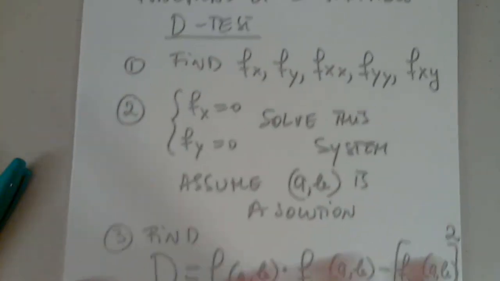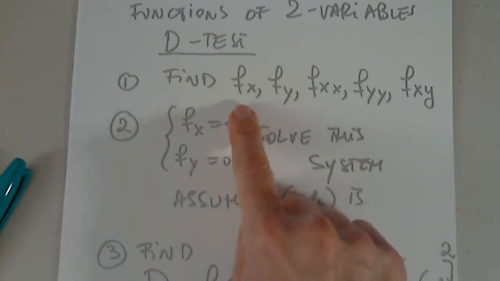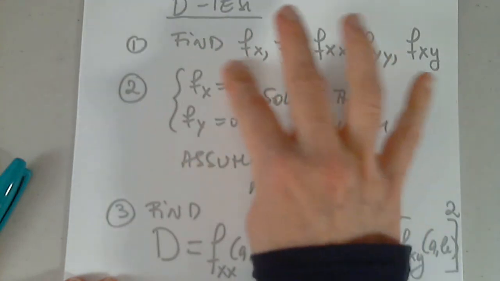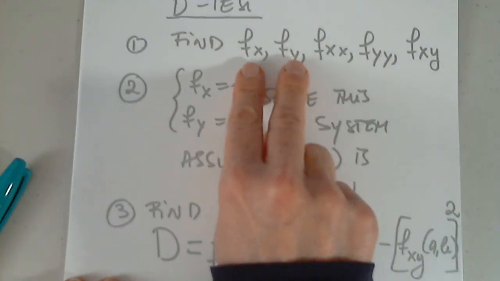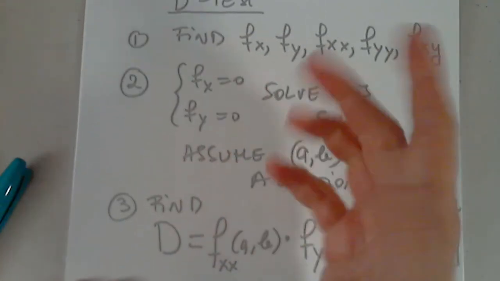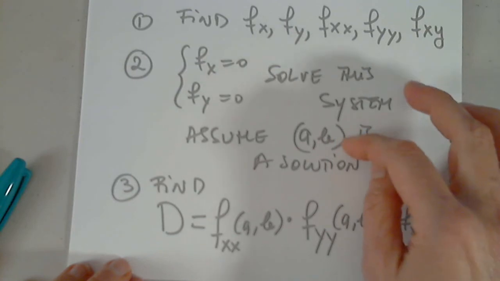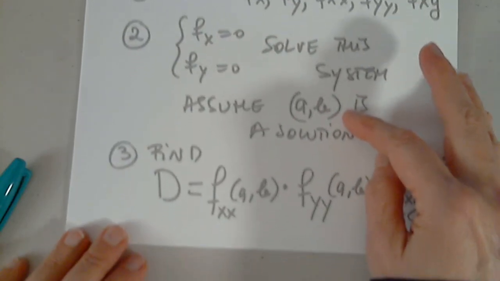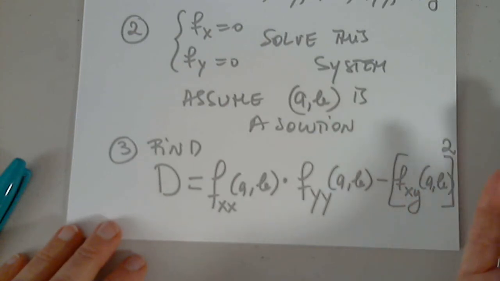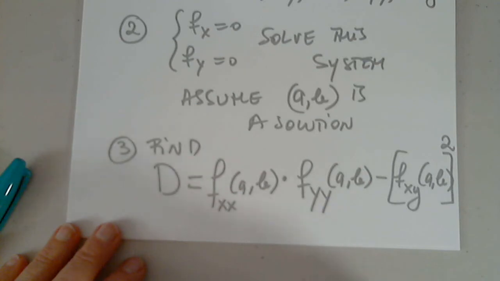So before we continue, we find all the first order and second order partial derivatives. Then we create this system only with fx and fy. We set them equal to 0. We solve the system. We determine the solution or solutions. These are kind of like critical numbers from functions of one variable.